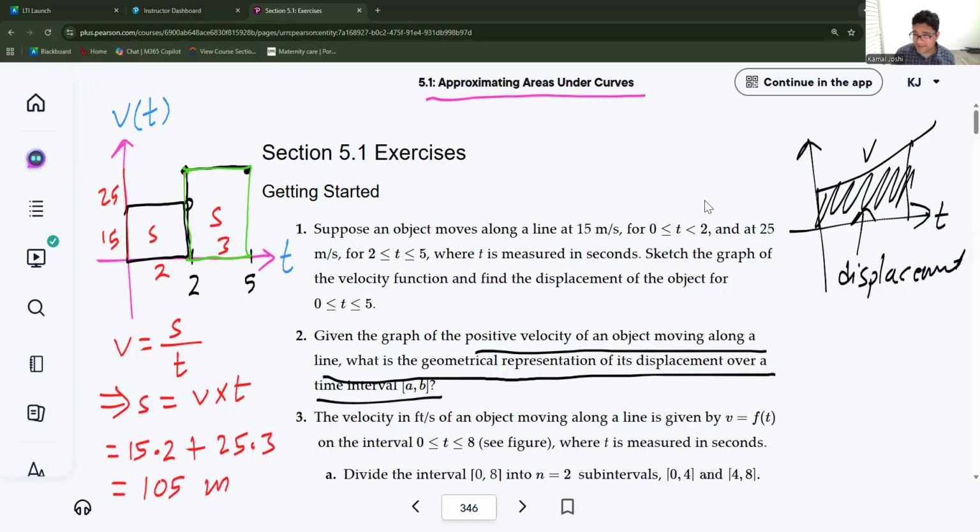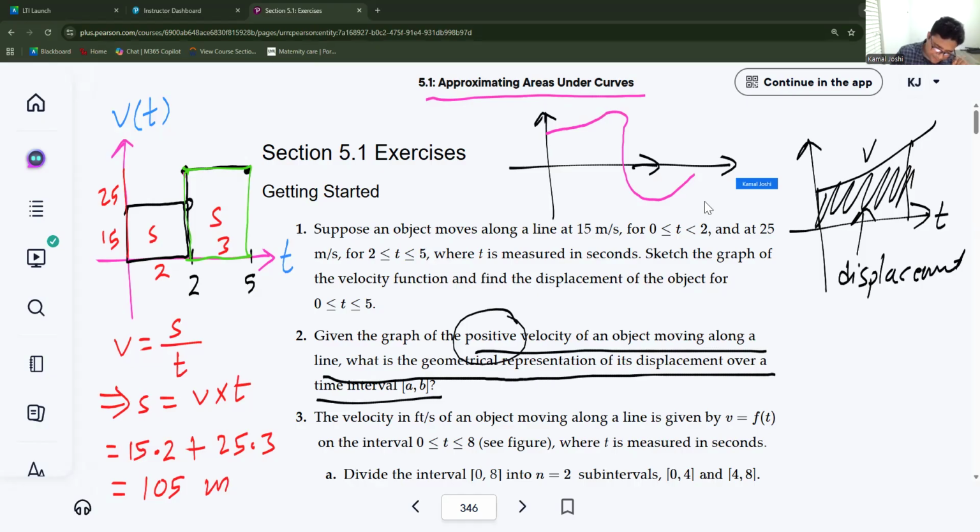Now, please understand the word positive velocity here. If the velocity becomes negative, then you have to take the difference of the areas. Probably it will come up later, but let me illustrate with a diagram. Suppose your velocity was positive for some time and then it became negative, like that.